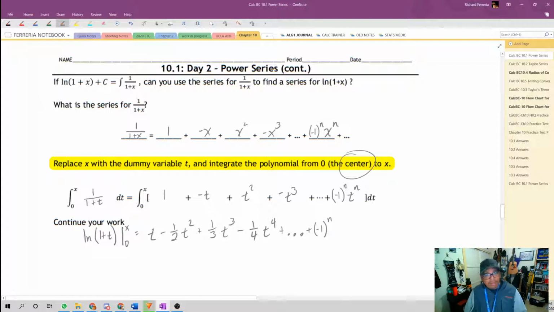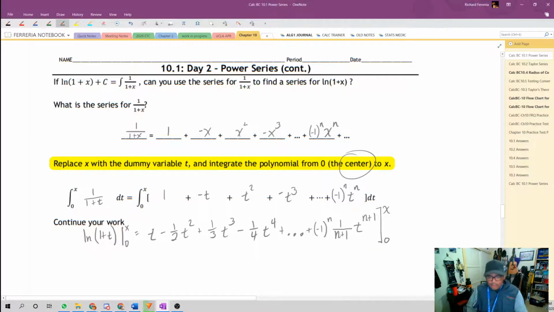Now the antiderivative of anything to the n power is 1 over the increased power by 1 multiplied by t to the new power n plus 1. And we're going to integrate from 0 to x. Okay, so the left side from 0 to x is equal to the right side from 0 to x.